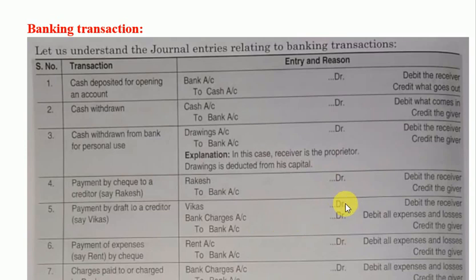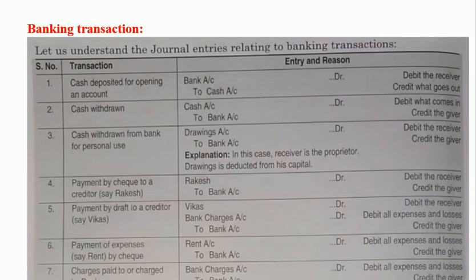A draft amounting to rupees 2000, bank charges amounting to rupees 100, and here into bank account, that is 2100. The bank charged the bank charges on making the draft.